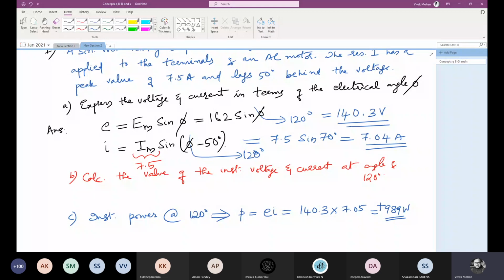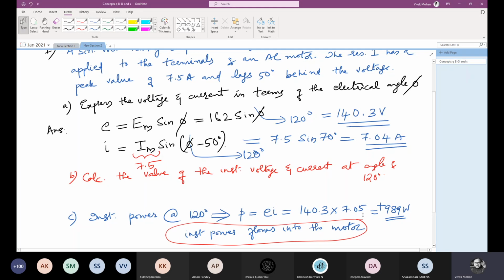So it means that at this instant, because this is instantaneous power, it flows into the motor. Of course, the motor is considered as a load here.